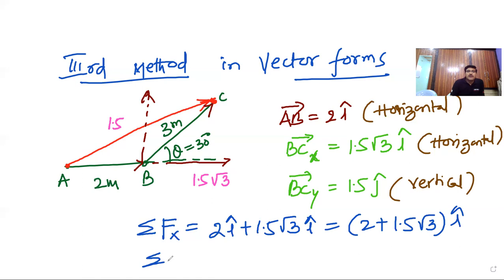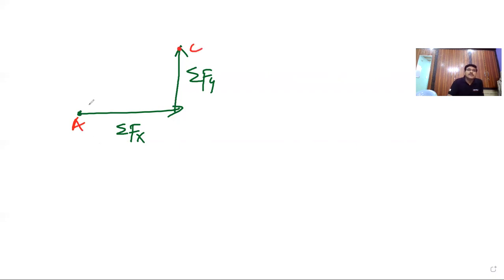Similarly, sigma of all y components, only one y component, 1.5 j cap. Clear? I am indicating sigma of all Fx horizontal components and sigma of all y components. Now, A is the initial point, C is the final point.